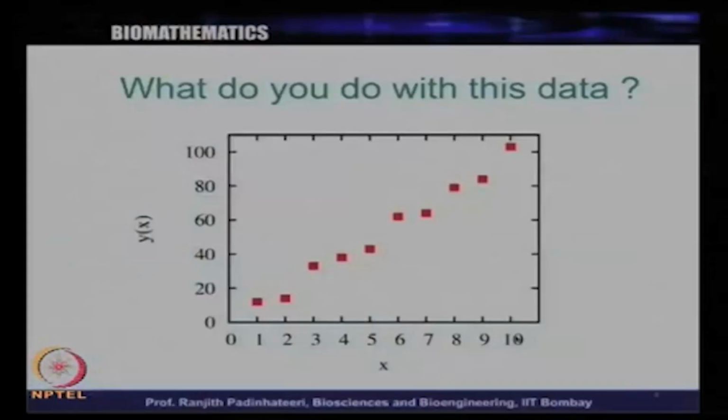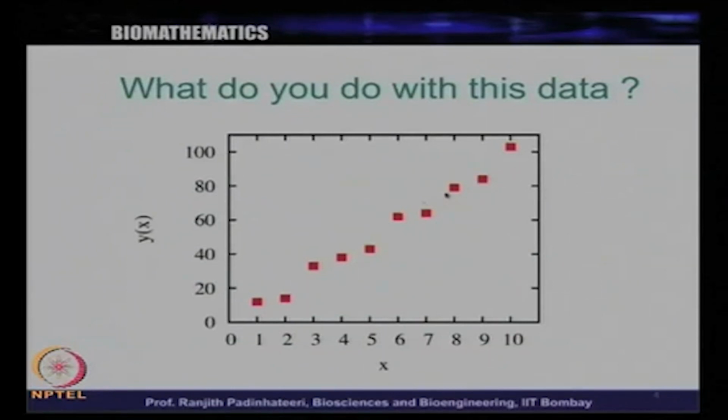Now, let us think about a typical situation in a lab. You do an experiment, you get some data. This is something that typically you get. So, you get some points.